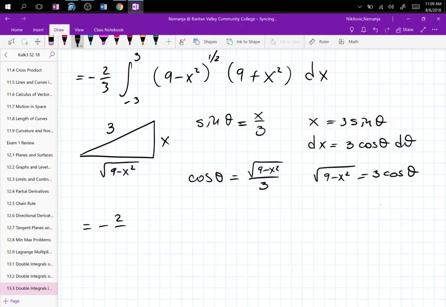No, it's more work. So the integral. Now we have our limits. When I plug in -3, if you plug in -3 into here, you get sine theta to be -1, so it's -pi over 2.